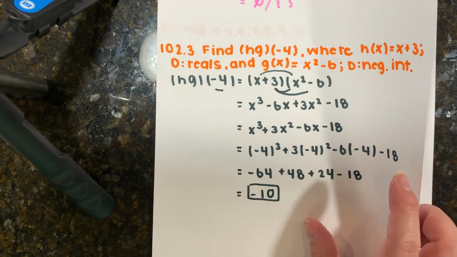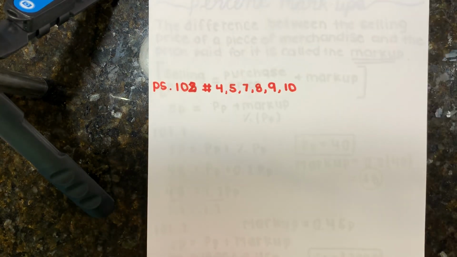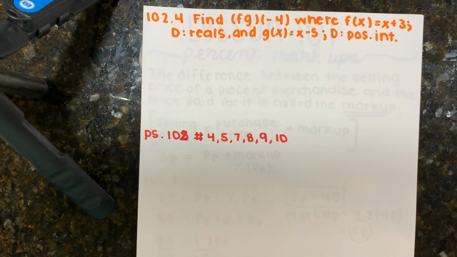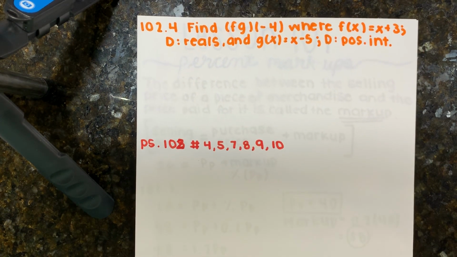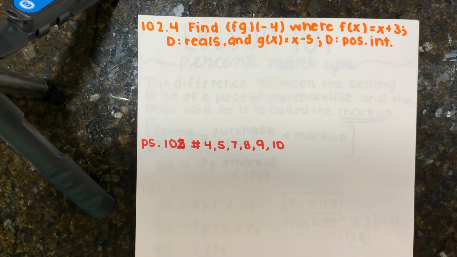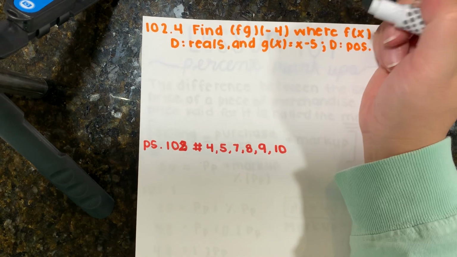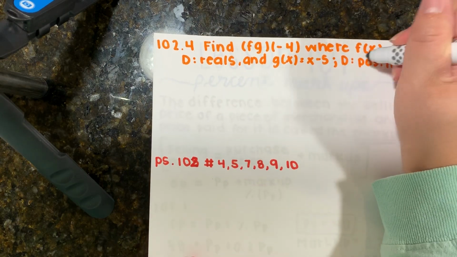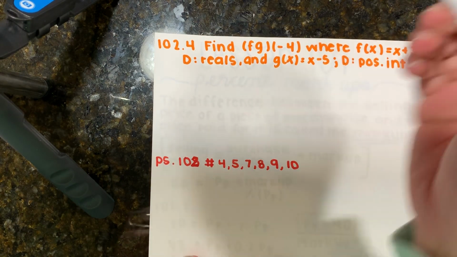Okay, now moving on to 102.4. So it says, find fg of -4, where f of x is equal to x plus 3. The domain is reals, and then g of x is equal to x minus 5. The domain is positive integers, which means that the number that I plug in has to be a positive integer.